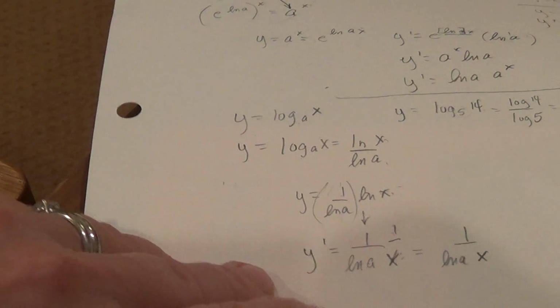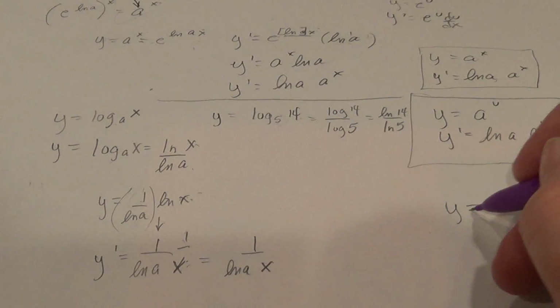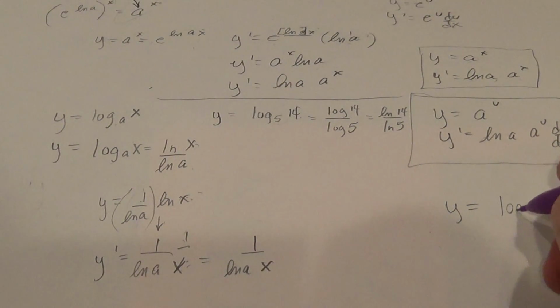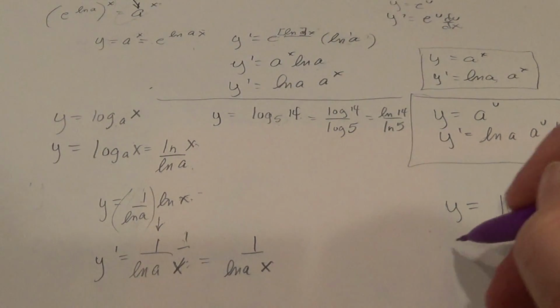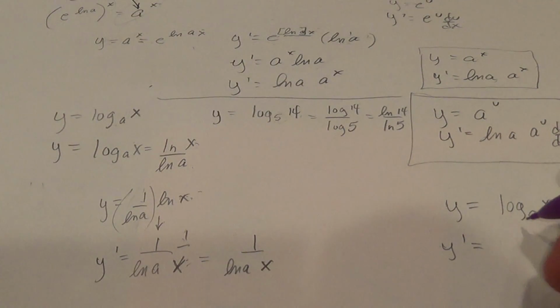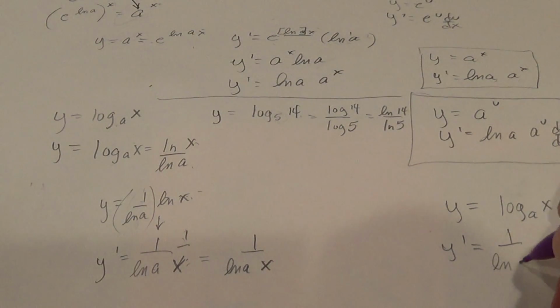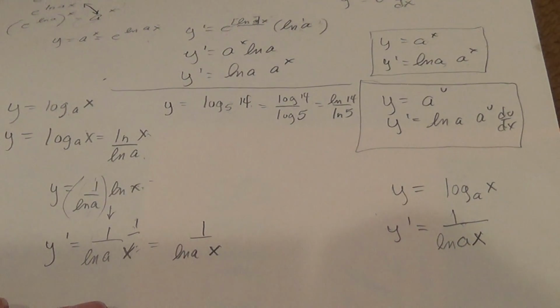So, putting that together, when y equals log to any base a of x, y prime equals 1 over ln of a times x. So that's that rule.